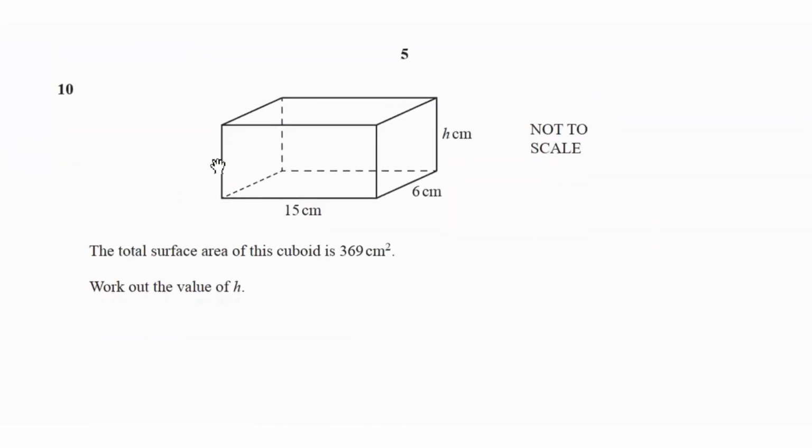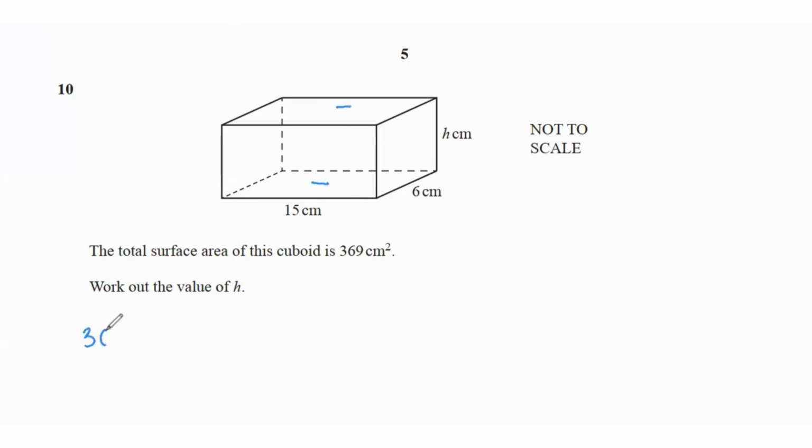Question 10 says the total surface area of this cuboid is 369 centimeters squared. Work out the value of H. To find the surface area of a cuboid, we add up the areas of all the surfaces. The top and bottom are 15 times 6.